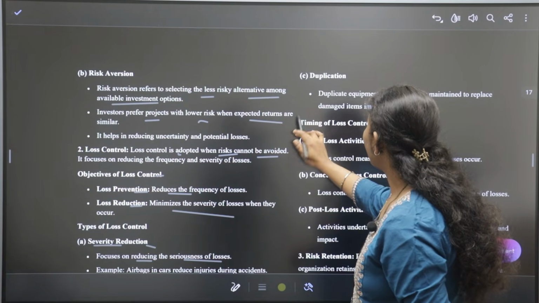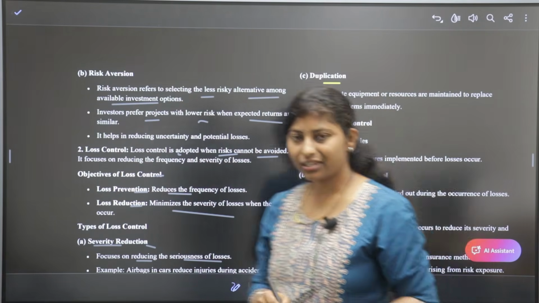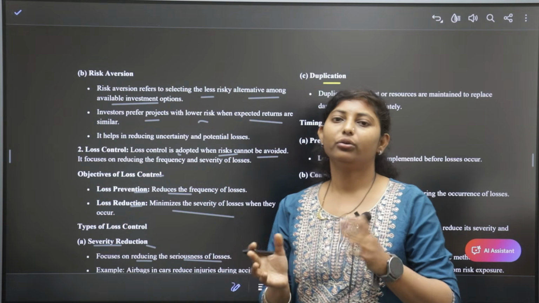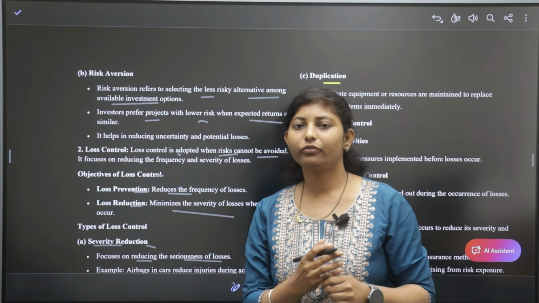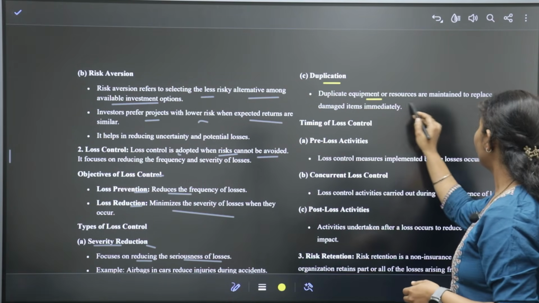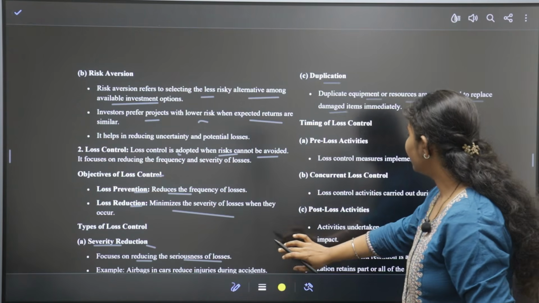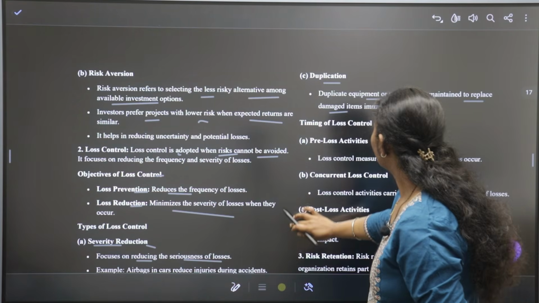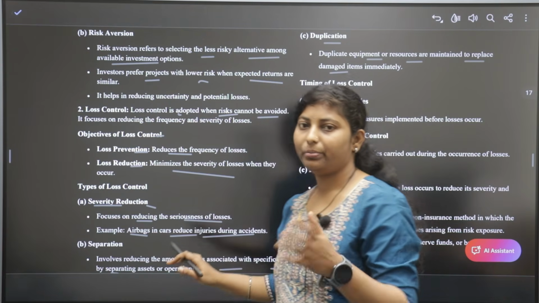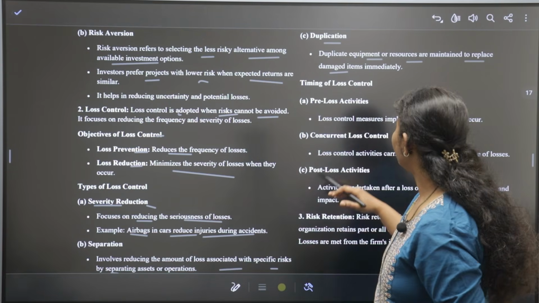And next we have duplication. Duplication is nothing but equipment and resources being maintained to replace damaged items. Where spare assets help the working assets, we can replace that material.